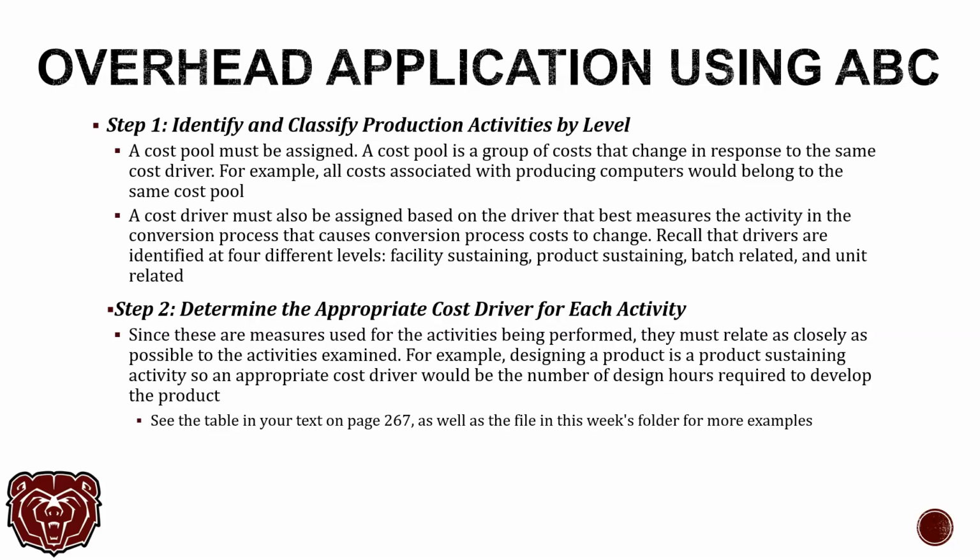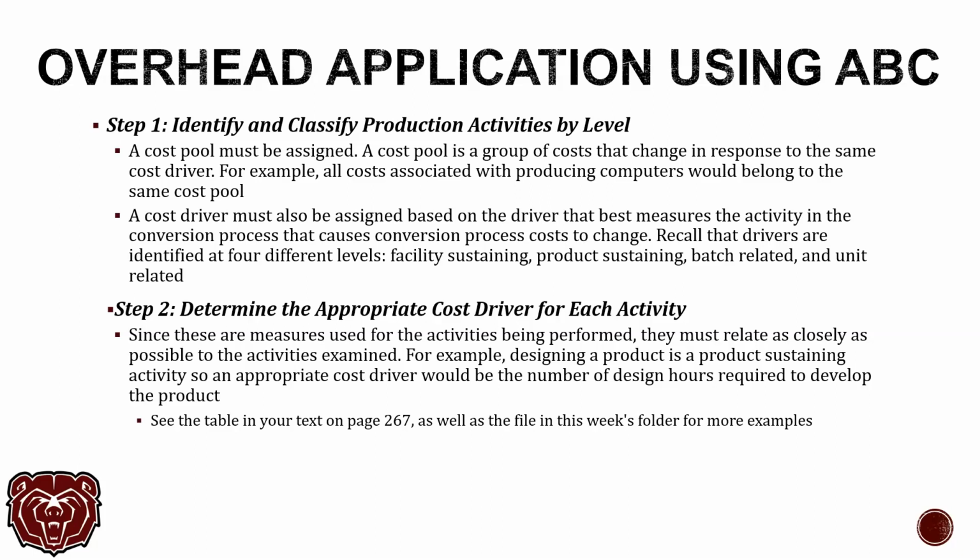Step 2 is to determine the appropriate cost driver for each activity. Since these are measures used for the activities being performed, they must relate as closely as possible to the activities examined. An easy example to think of, I gave you the depreciation example. If you own the building, the depreciation, we're going to allocate that based on the number of square feet that we're using for the production facility.